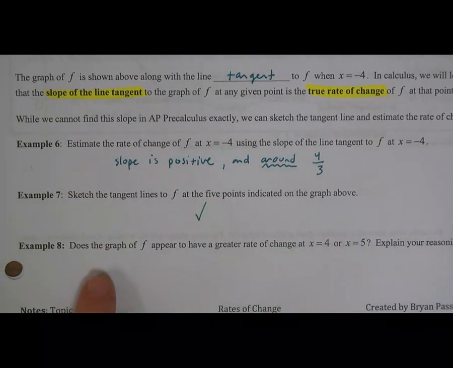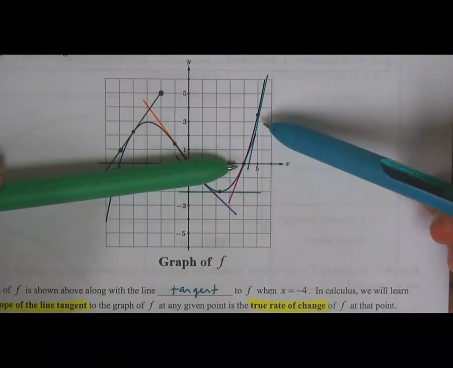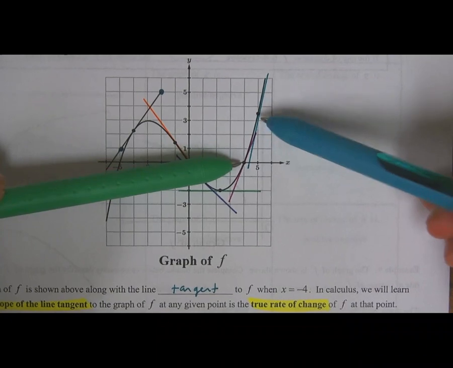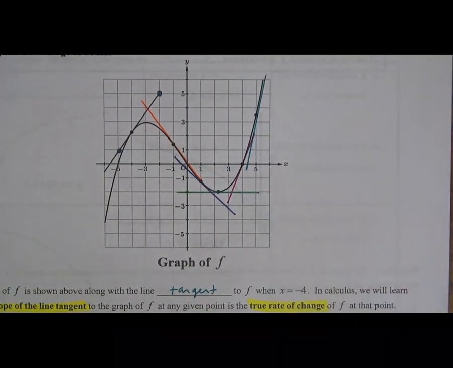Okay, now let's answer example 8 before we turn the page. Does the graph appear to have a greater rate of change at x equals 4 or x equals 5? And I kind of already answered that for you. Which one of these has a greater slope? X equals 4 or x equals 5? 5 has the steeper slope, so its rate of change is greater.